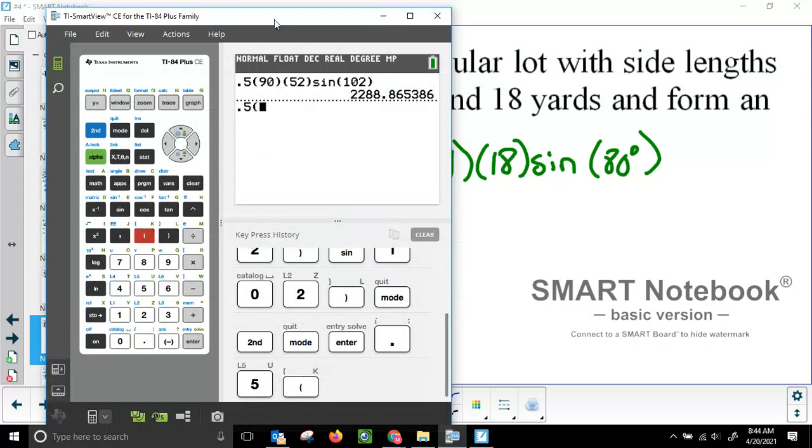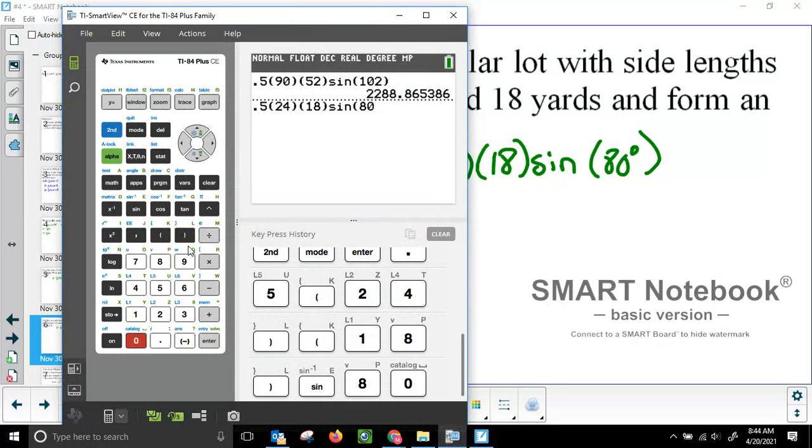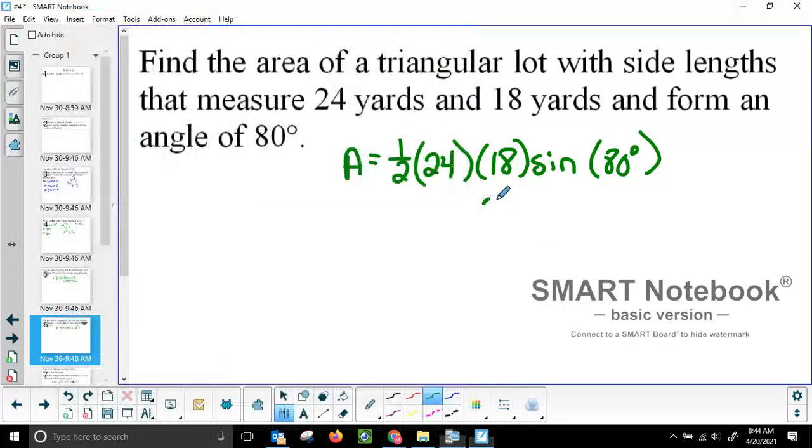We say 0.5 times 24 times 18 times the sine of 80, and voila, 212.718. And this would be yards squared.